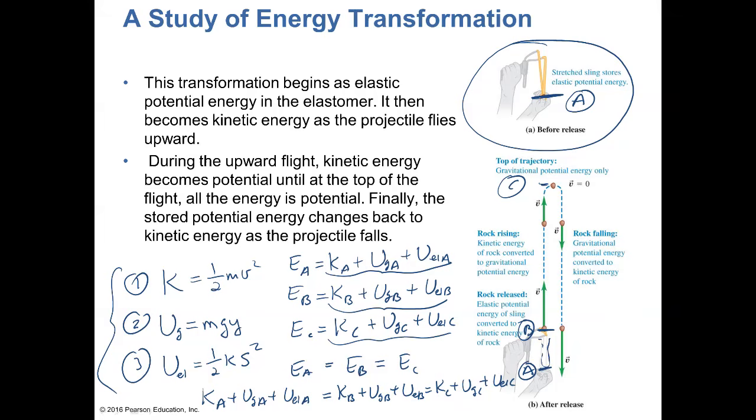So for example, I can choose point A to be my reference point. Then point B is higher than point A, and point C is again higher than point A. That means as the object goes from A to B, there's an increase of gravitational potential energy. Going from B to C, again, there's an increase of gravitational potential energy. And that's one thing we can do.